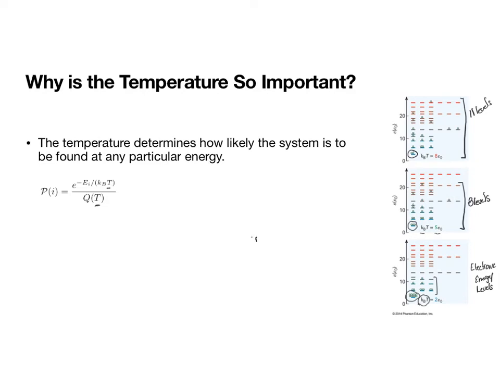Remember that temperature is defined as the partial of the energy with respect to entropy. And so when we start combining these microstates and this probability and temperature, we should always keep in mind that temperature is really determining how many of these energy levels can fill.